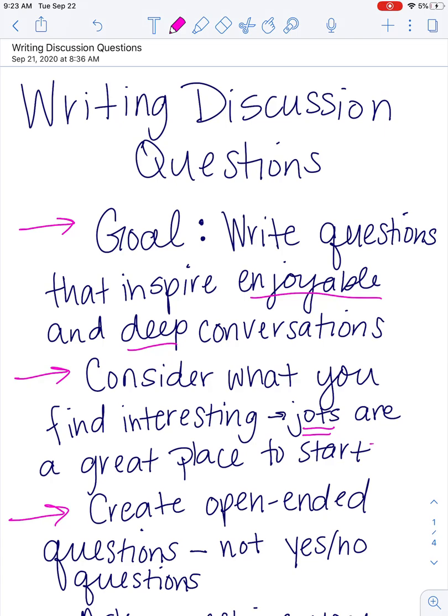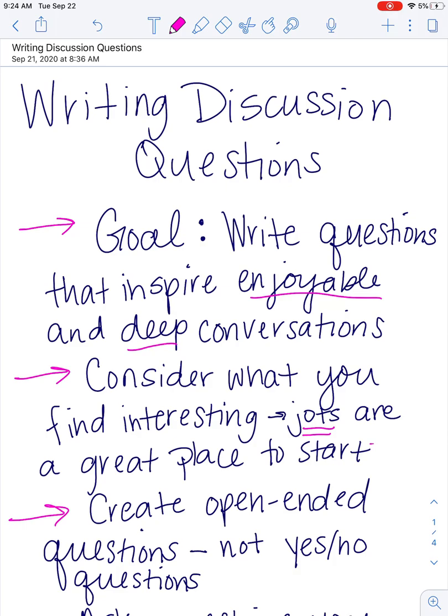So our goal when we're writing discussion questions is to have questions that inspire enjoyable and deep conversations. So we want to try to write questions that are going to make people think and going to make people talk. If you've ever had a really boring book conversation or a really boring conversation in any way, you know that it's not very fun, right?